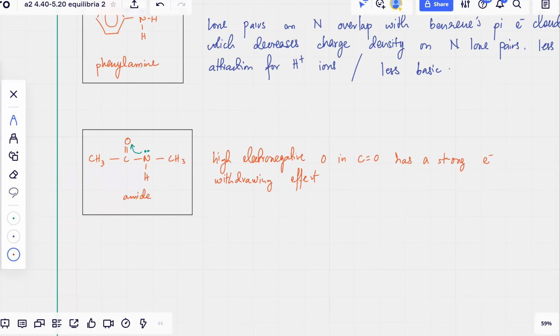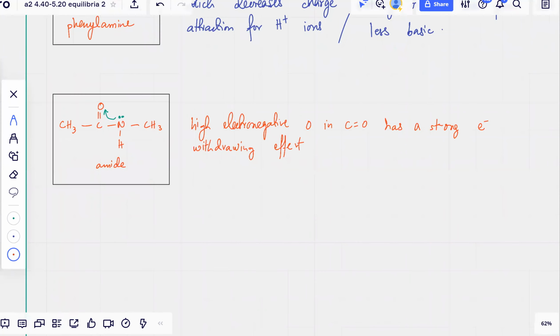So there's a pretty strong electron withdrawing effect, which is why lone pair charge density is almost negligible. They are hardly present because they've all been attracted and pulled towards that oxygen.